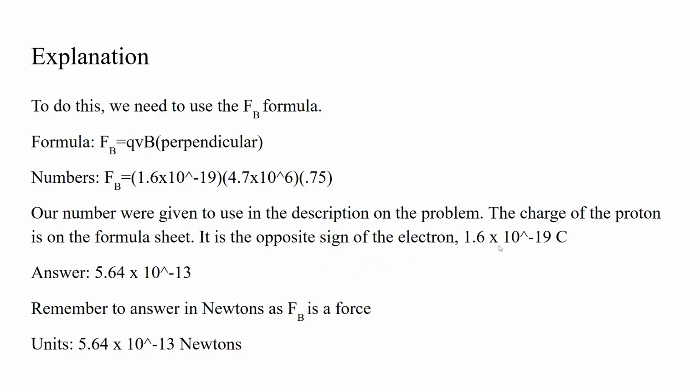On the formula sheet, you should see negative 1.6 times 10 to the negative 19th coulombs for an electron, so a proton is the exact opposite, positive 1.6. Here we have the charge of the proton times the velocity times the value from the B field, 0.75 Teslas. We compute this in our calculator. You should get 5.64 times 10 to the negative 13 newtons. Remember to answer in newtons, as F of B is a force.